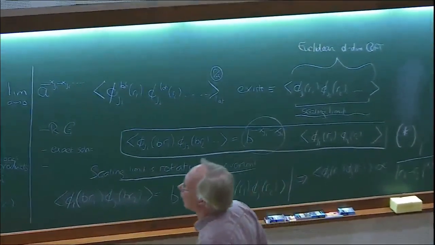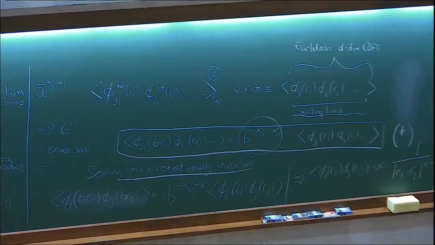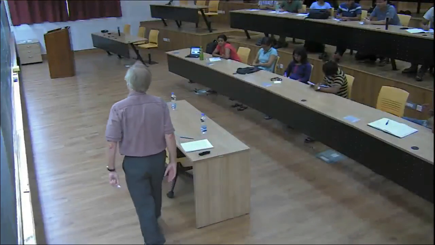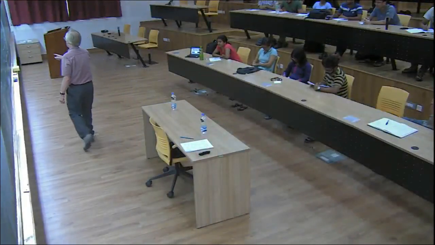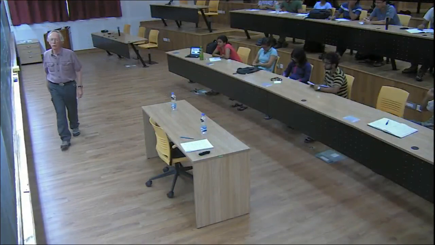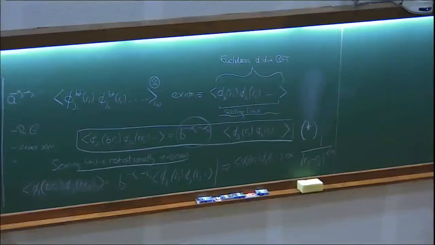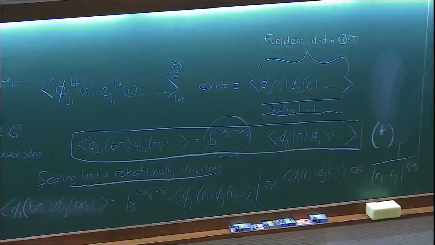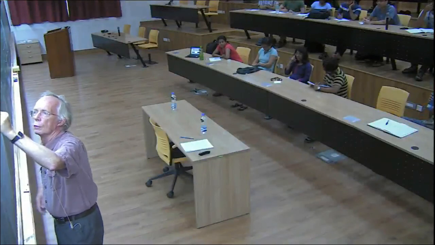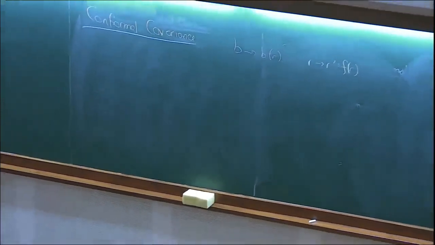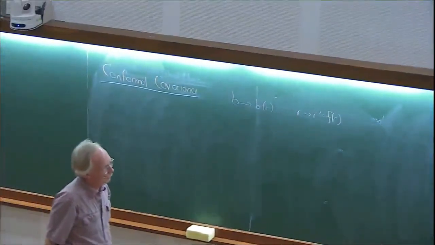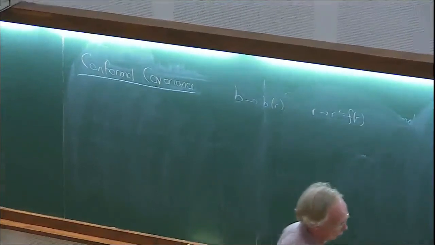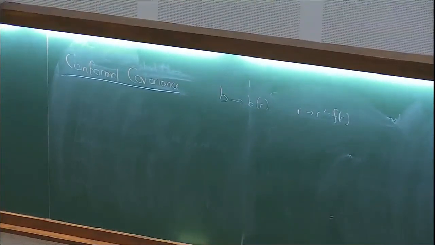Okay, so if we do that, then it's no longer going to be true that R is going to go into B times R. It's going to go into some function of R. So R is going to go into R prime, which is some function of R. Once again, these are vectors in d-dimensional space.